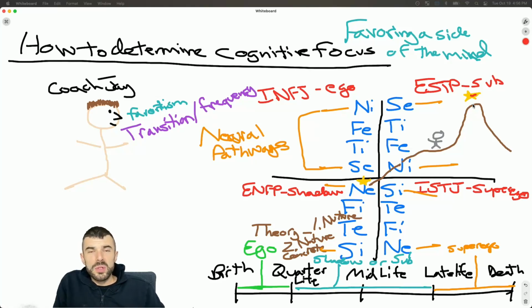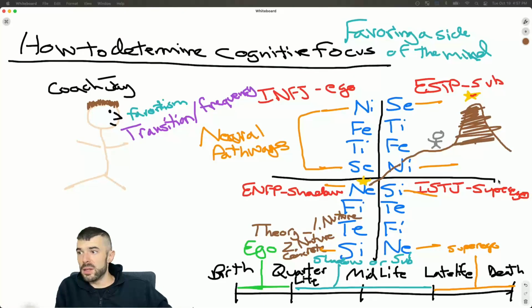And that's what happens when you're building up your gateway functions through cognitive transition and frequently doing it, because you're basically leveling out this mountain right here. You're leveling out the mountain, and the mountain slowly over time is going to get erased. So, for example, the mountain's not much of a problem anymore over time because he keeps cognitive transitioning.